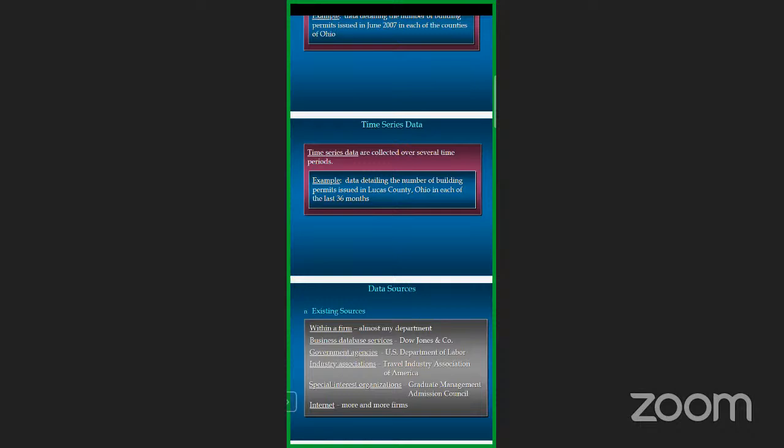Government agencies, like the US Department of Labor or any department of India, which we are collecting from for a particular purpose. Like how many 10th class students are there. Like the recent Group 4 exam, where TSPSC is a government organization from which people have collected how many people applied, how many appeared and how many cleared.